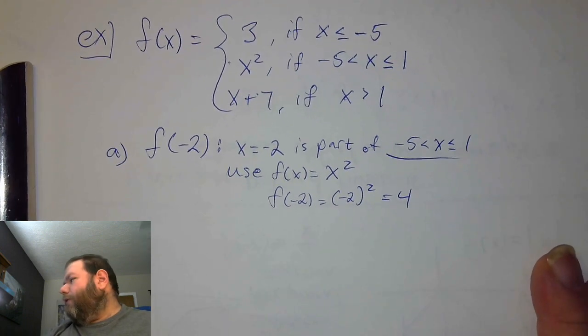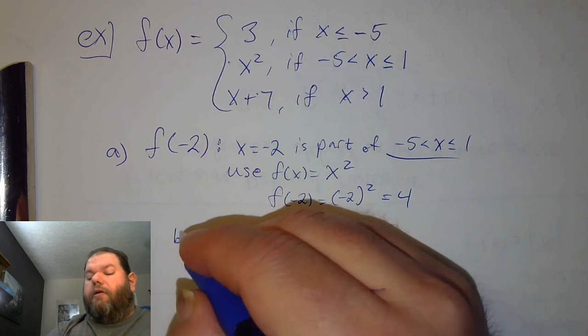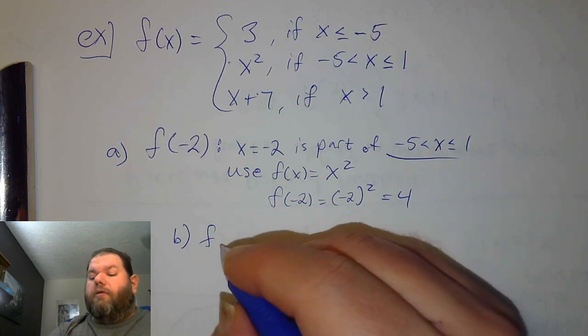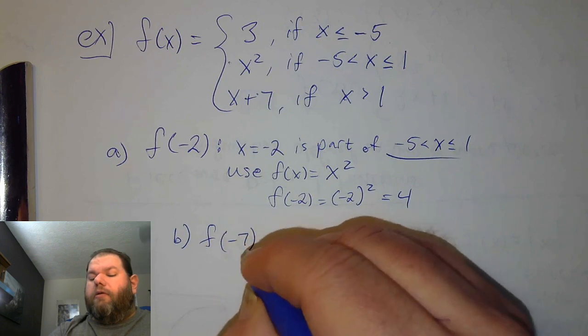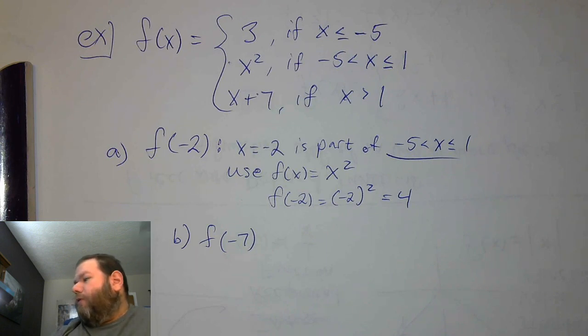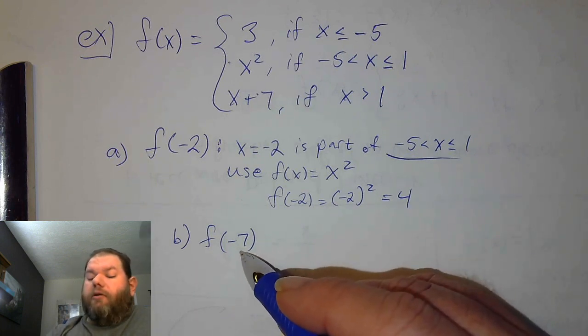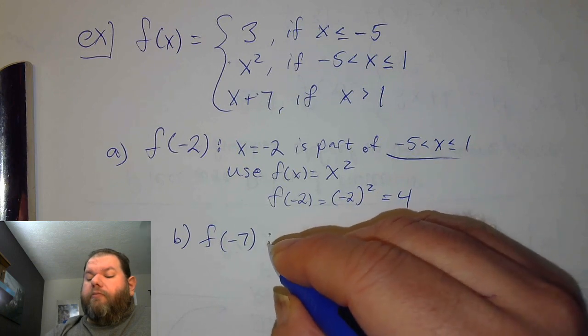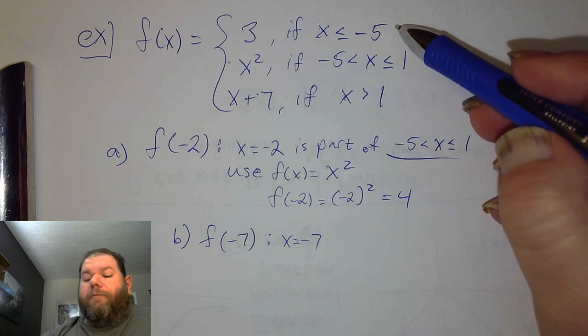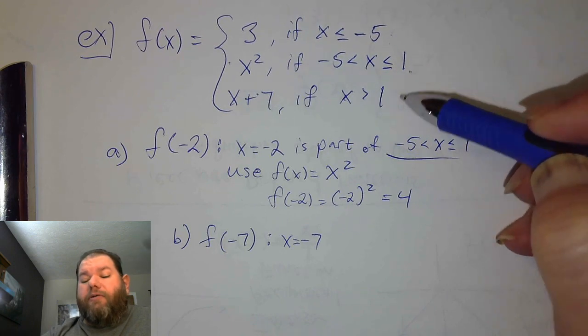Let's try some others. What if we want to plug in x equals negative 7? Does that mean it's part of the first one, the second one, or the third one?